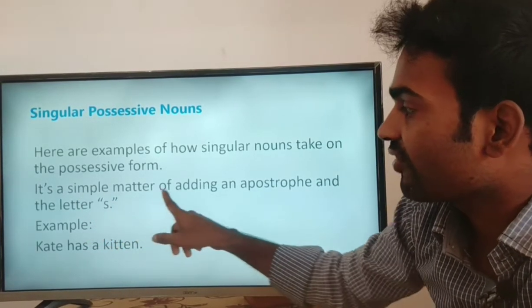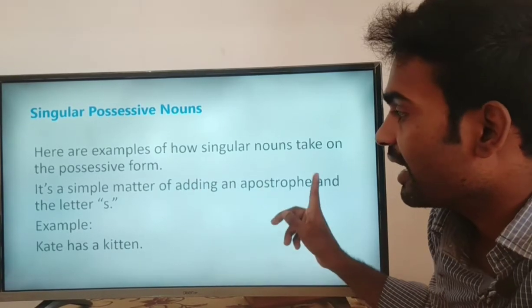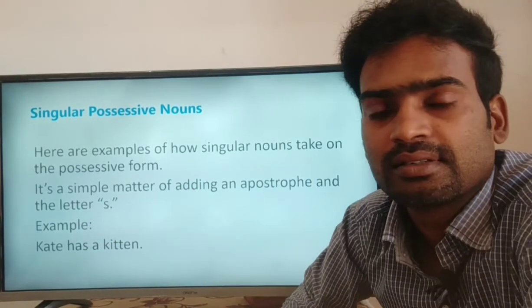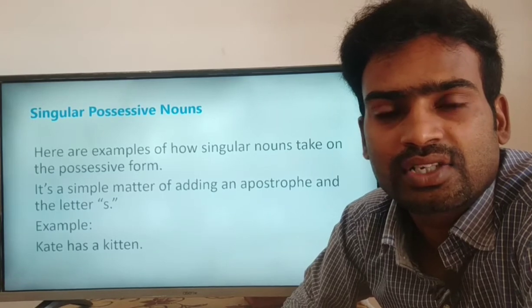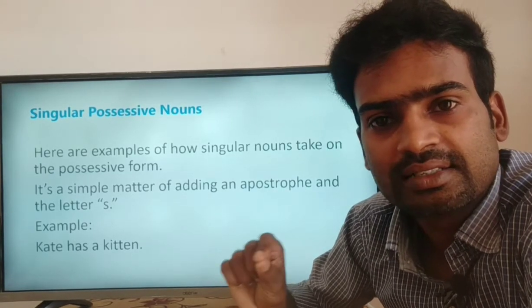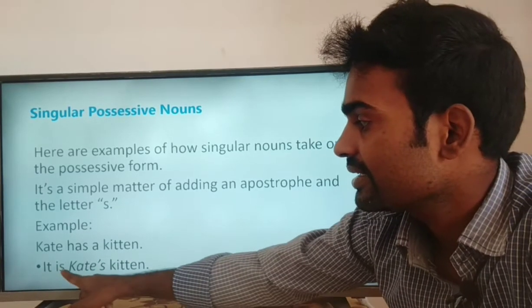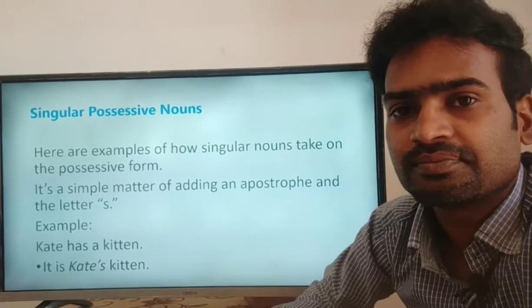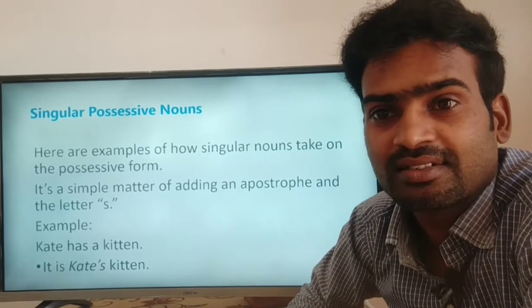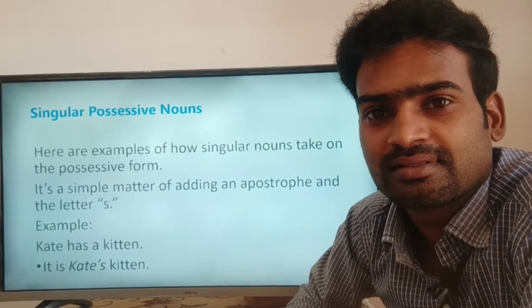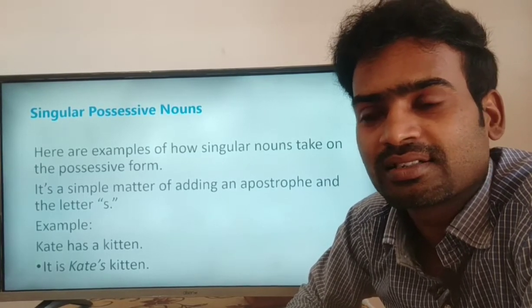It is a simple matter of adding an apostrophe and the letter s. We are going to add an apostrophe and then the letter s. Here it is: Kate's kitten. It is Kate's kitten, right? Who is the owner?